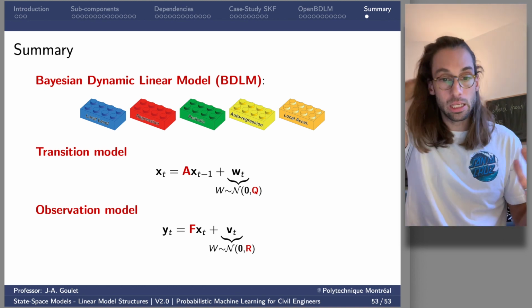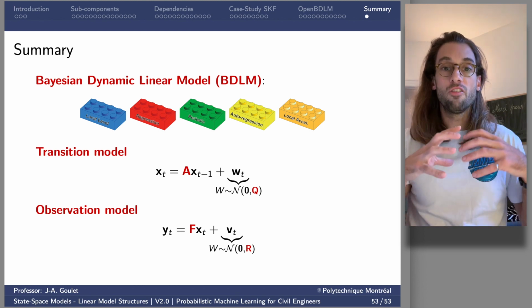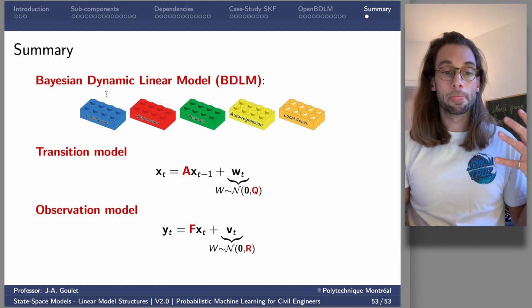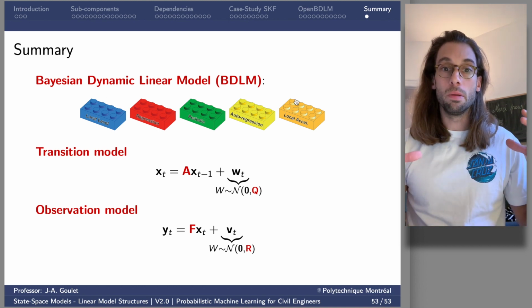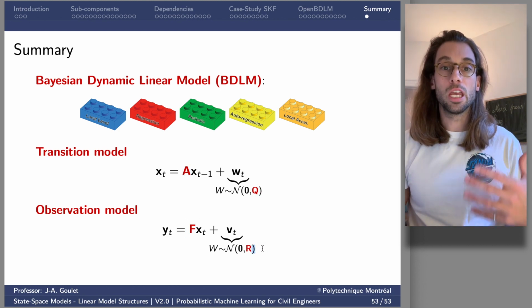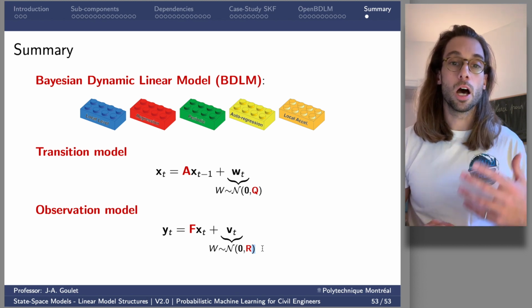And this is under the umbrella of Bayesian dynamic linear models, where we use these generic blocks, mixing and matching them together in order to build our A, Q, F, and R matrices that are going to be solved in our state space model formulation.